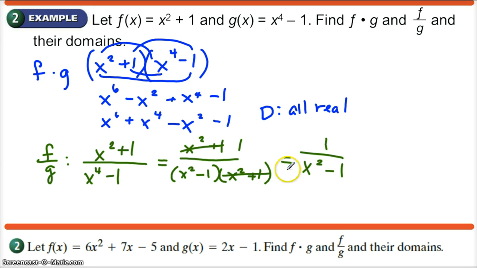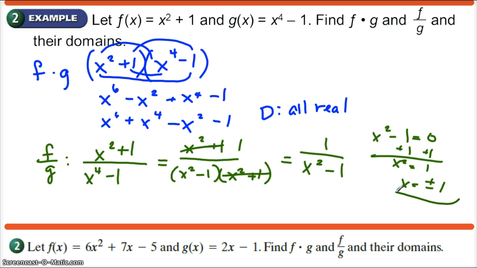Now, we do have a limitation because we cannot have this denominator equal to 0. So x squared minus 1 is 0. Add 1. X squared is 1, so x is plus or minus 1. Right?